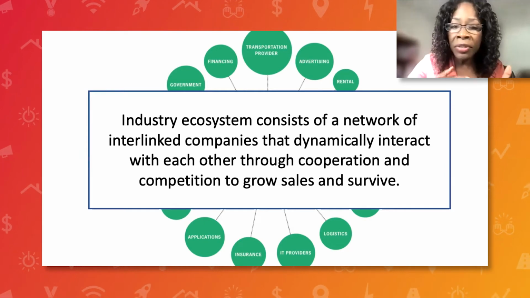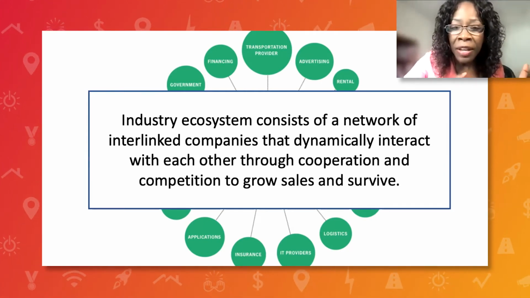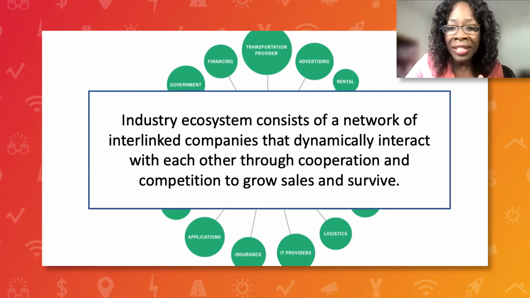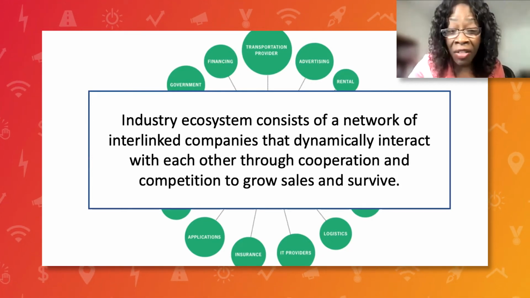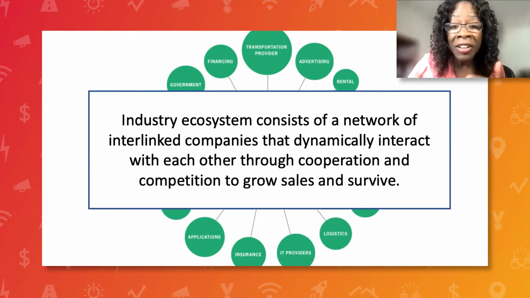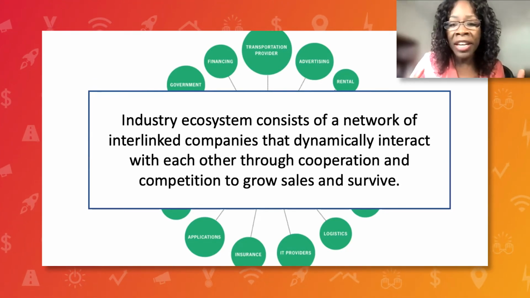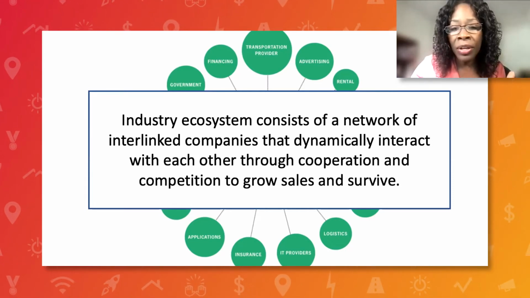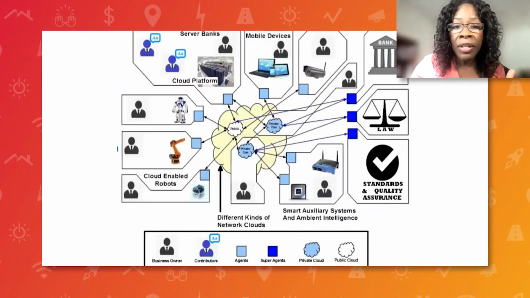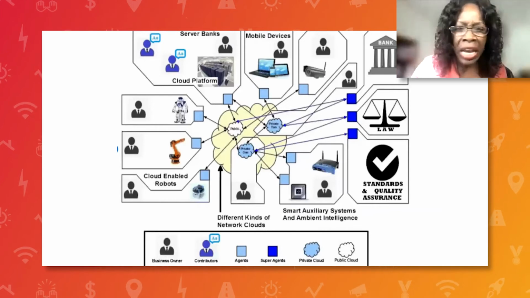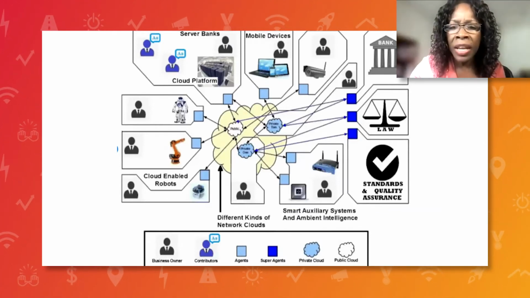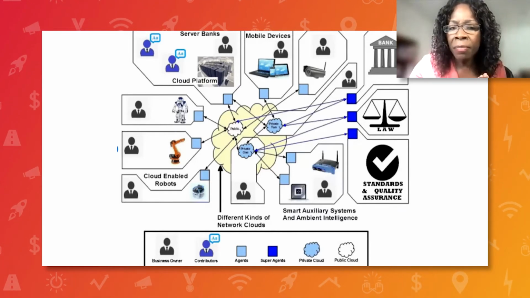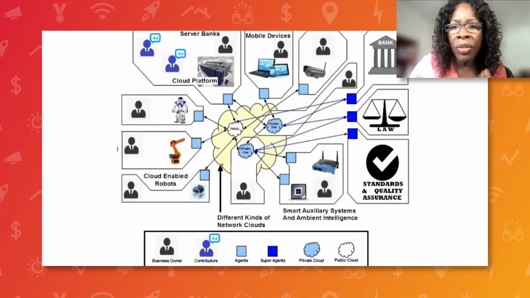Similar to the biological ecosystem, each entity in the ecosystem affects and is affected by the others, creating a constantly evolving relationship in which each entity must be flexible and adaptable in order to survive. So this is a really messy robotics ecosystem, and it includes banks, law, and standards, because it's important to include all the stakeholders.